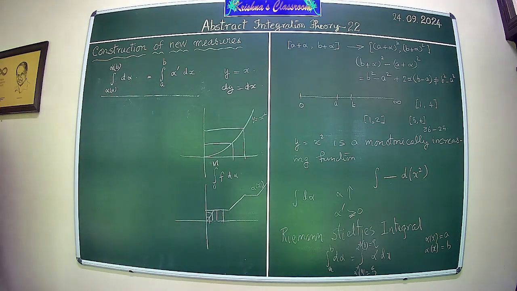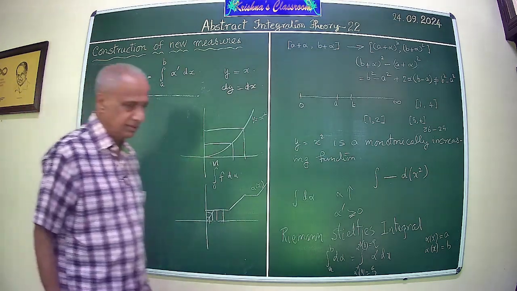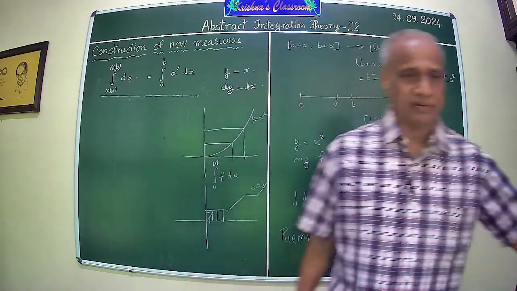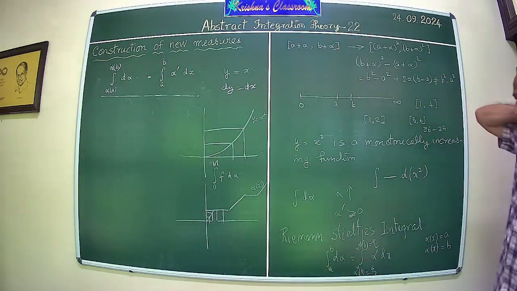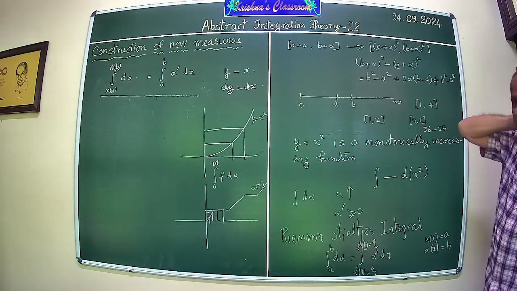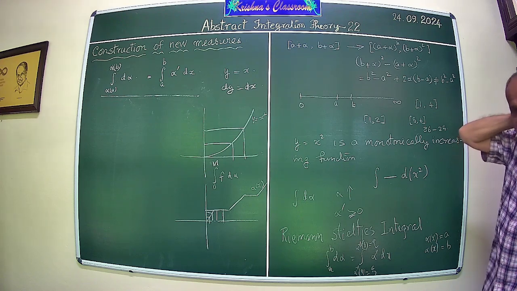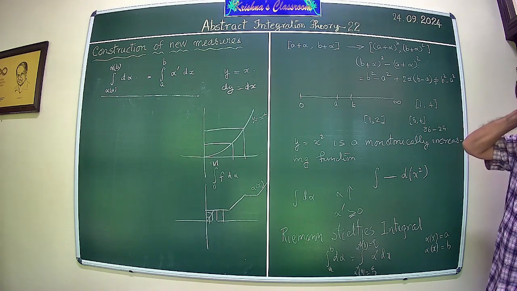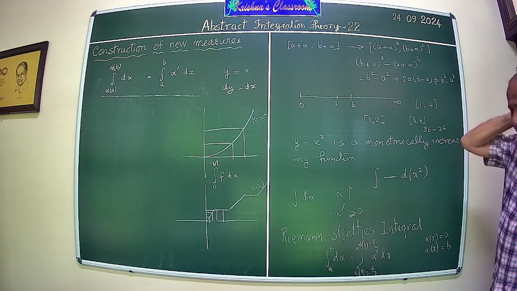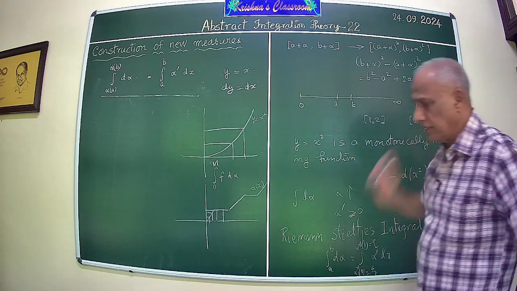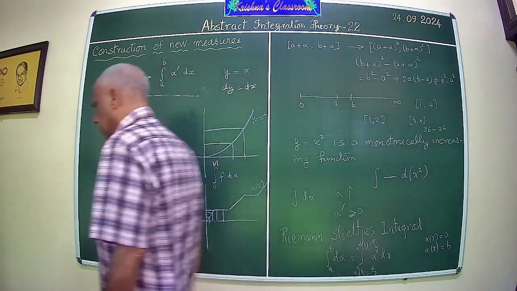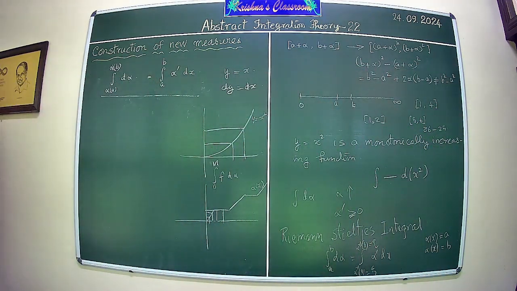So from the classical measure of length of an interval, that is the Lebesgue measure, you can introduce a new concept of measure by putting in between a monotonically increasing function, the real line.